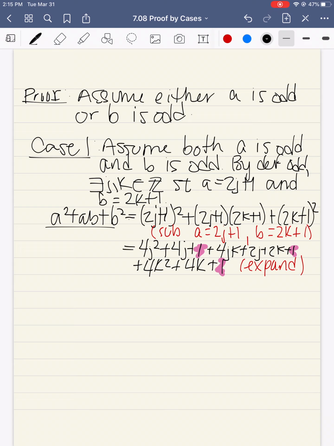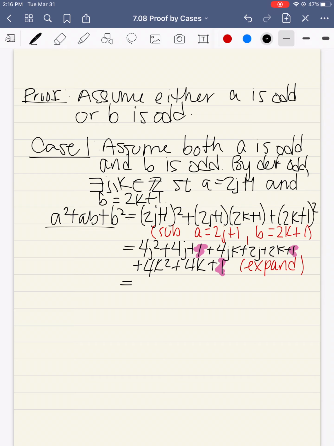I could simplify and get a plus 3 and then make it into a plus 2 plus 1. Or I could recognize that I need a plus 1 and only combine 2 of those terms. So that's what I'm going to do here. Since I need a plus 1, I'm going to keep it out and I'm just going to add the other 2 terms together to give me a plus 2 and a plus 1.